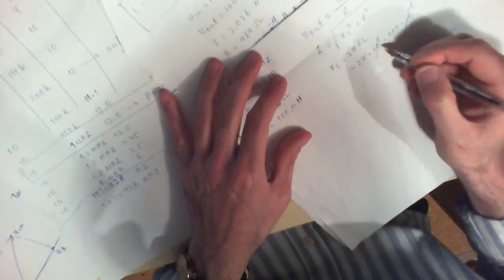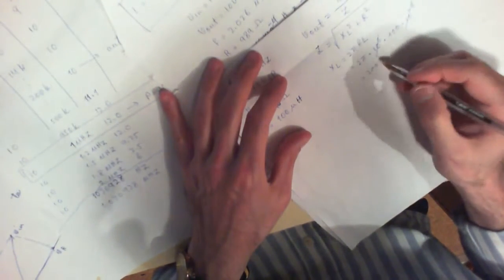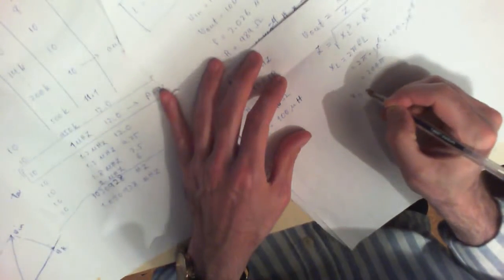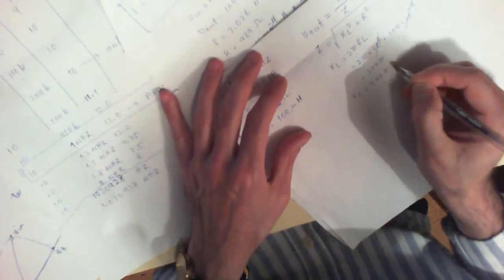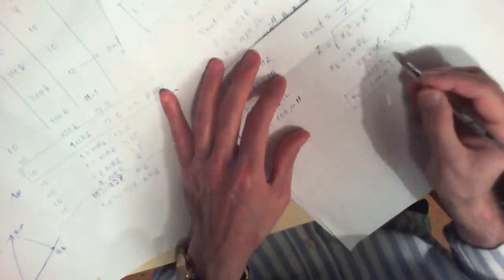So these two will cancel out, and that's equal to 200 pi. So your X of L is equal to 200 pi. 200 pi is about 600 ohm or something.